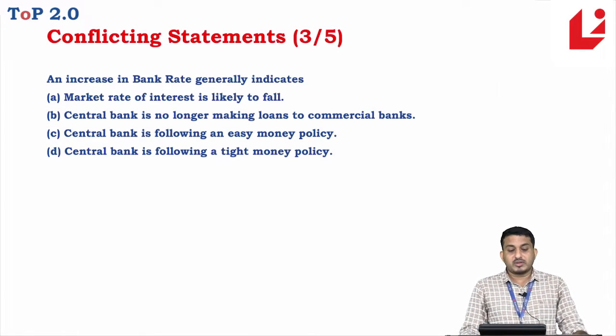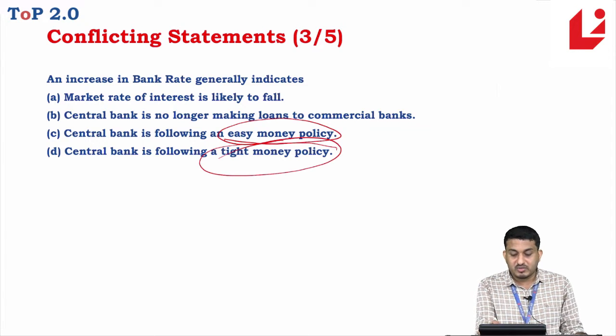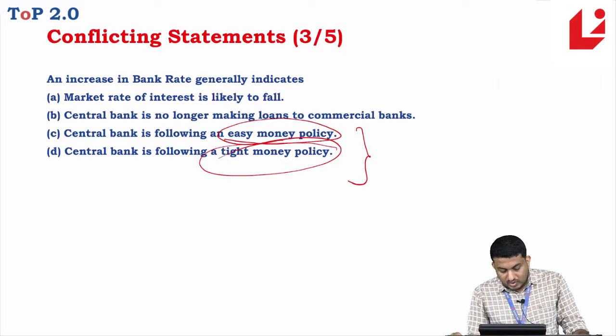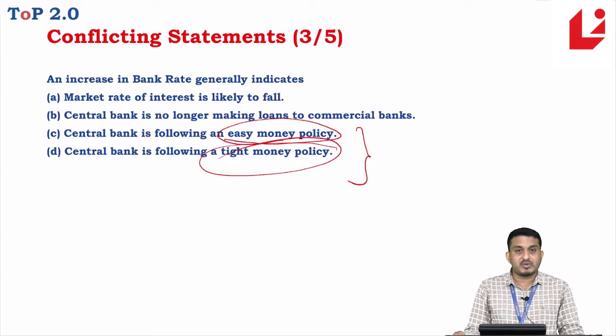Now coming to the third question. An increase in bank rate generally indicates. Now if you carefully read the options, you can see that option C talks about easy money policy, option D talks about tight money policy. Both are opposite to each other. So you can narrow down your selection to answer choices that are completely opposite to one another. So the chance of either of them being right is 50%.